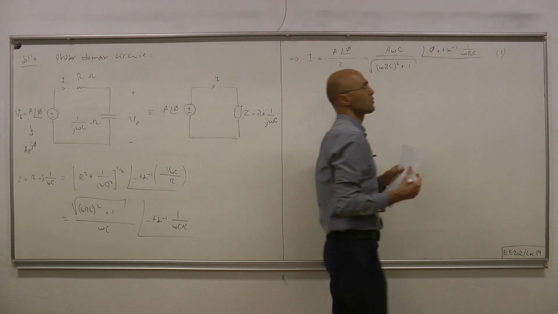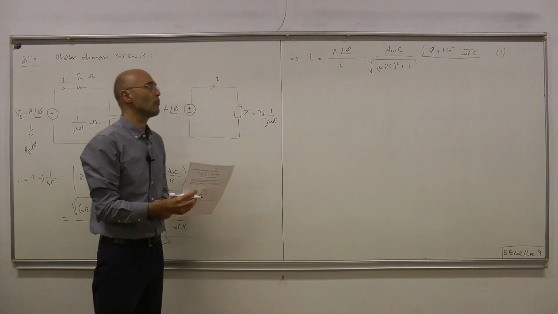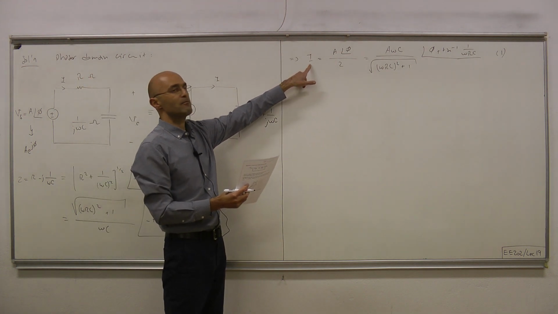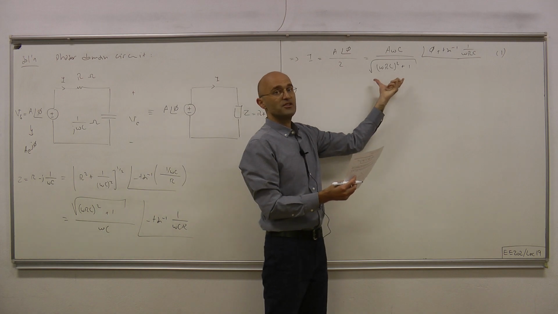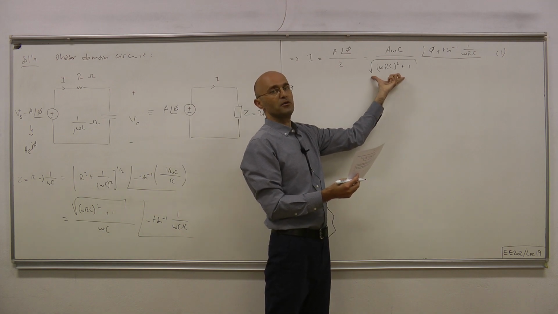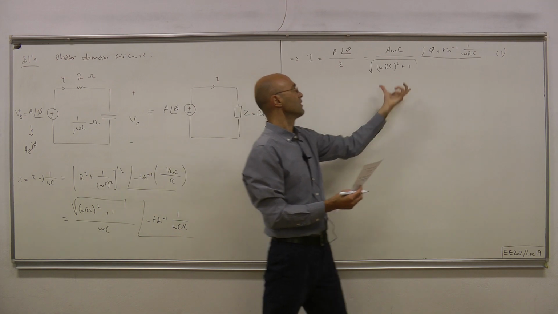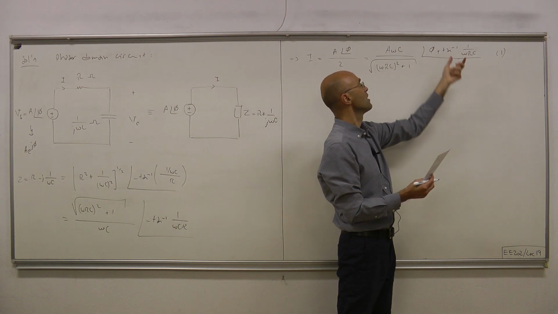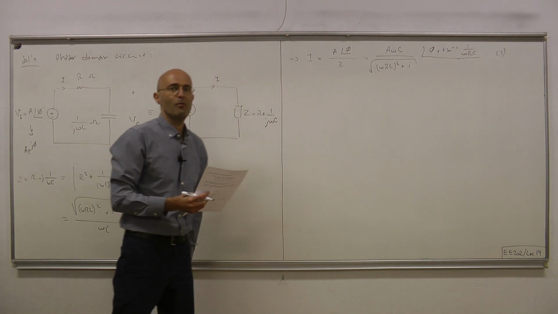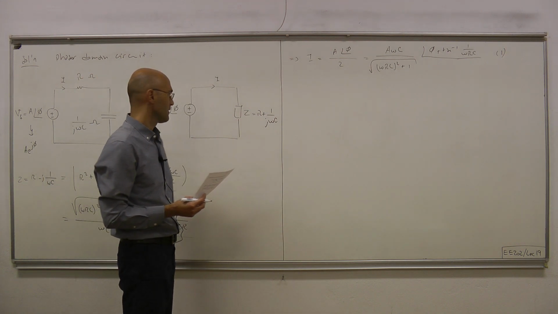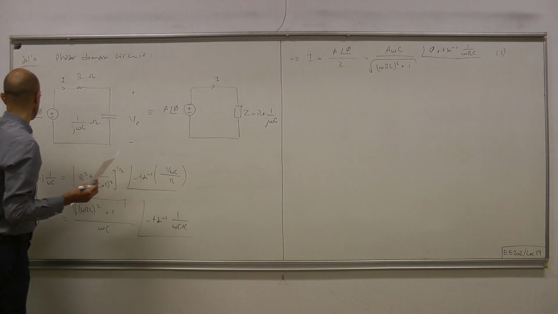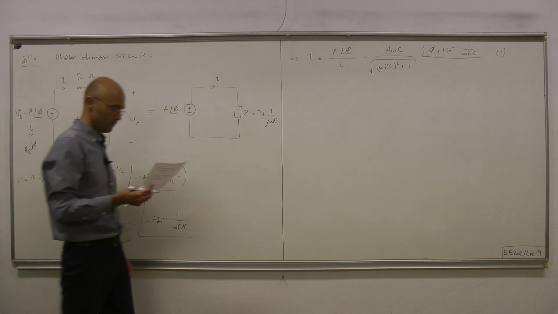From now on it's quite straightforward to obtain the time domain representation of it. We'll have a sinusoidal signal with this amplitude, and the phase phi plus arctangent 1 over omega R C. And the frequency of oscillations is omega, the oscillation frequency of the input.